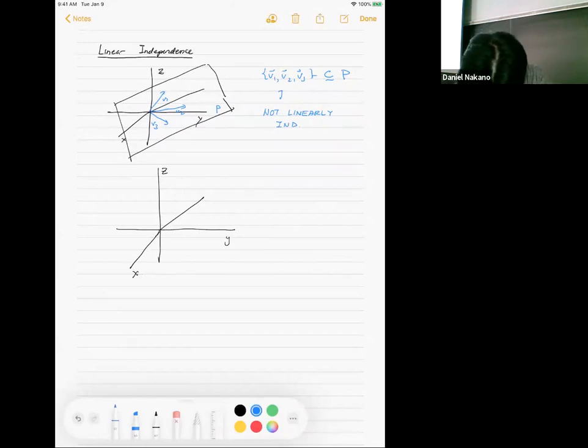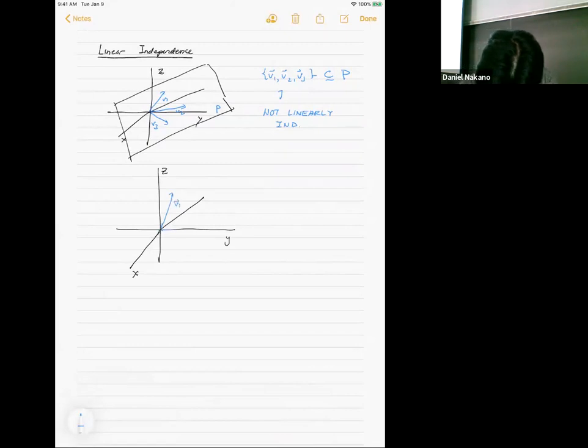So if I take this vector here, V1, let's say V2 goes in this direction over here, and let's say V3 goes out in this direction. Okay, so no vector is in the plane generated by the other two. So then V1, V2, and V3 are linearly independent.